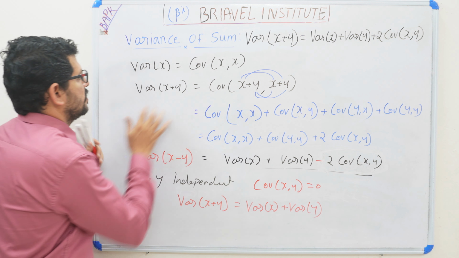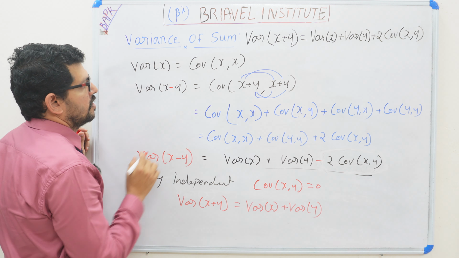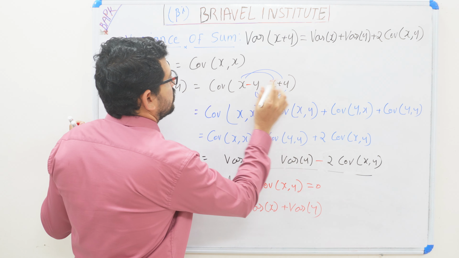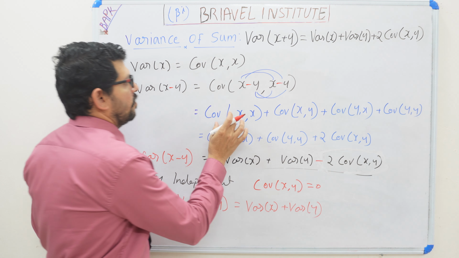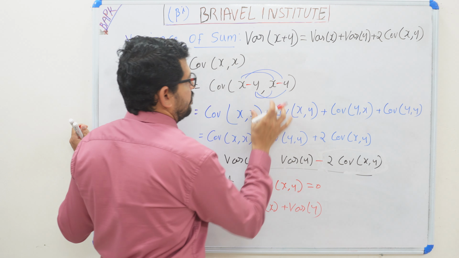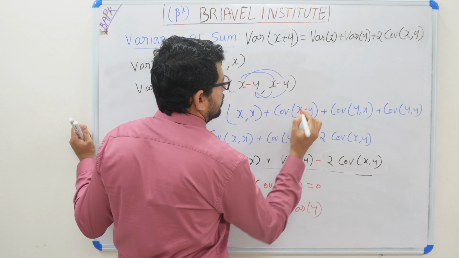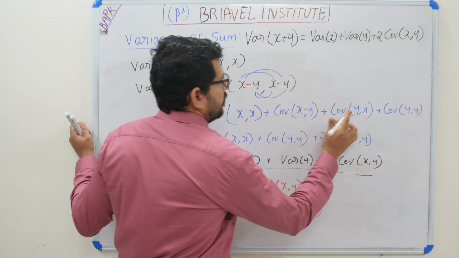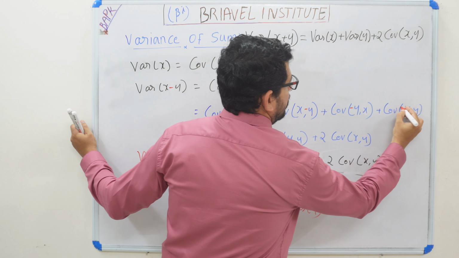We can check variance of x minus y. If we are giving x minus y here, this becomes x minus y, and this also becomes x minus y. So for covariance of x and y here it is a minus, and for y and x this is a minus covariance of y and x. Both are minus.